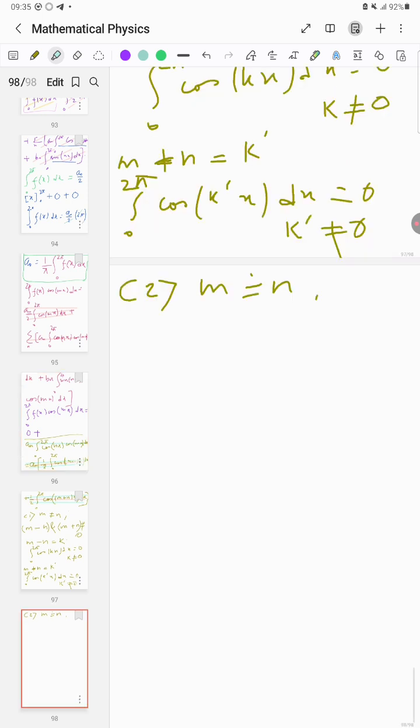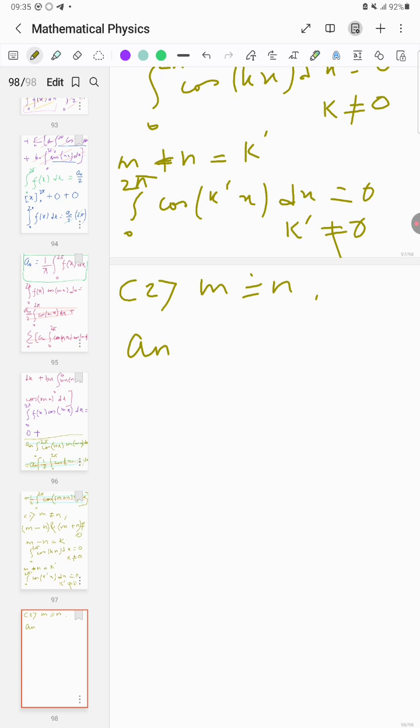All right, so let us come into the second case of this integration. What if m and n become equal? What will happen? This term will change into, what will it change into? cos mx will become cos mx, and cos nx will also become cos mx. So what will be the term in the integration?